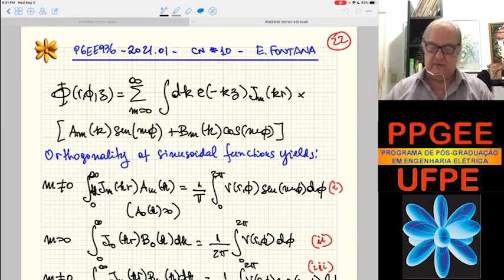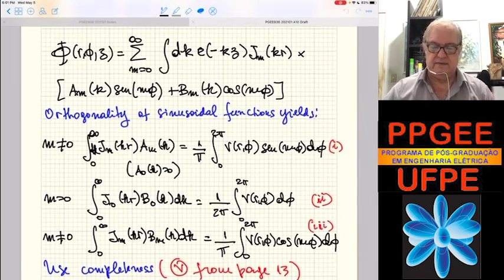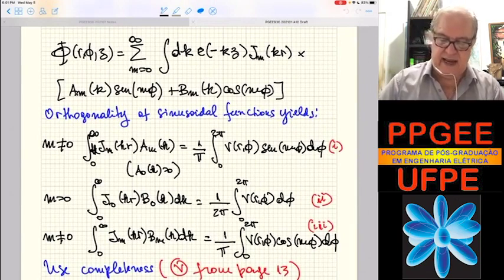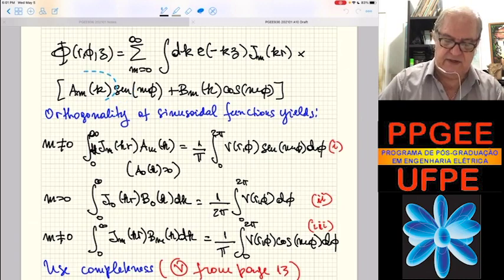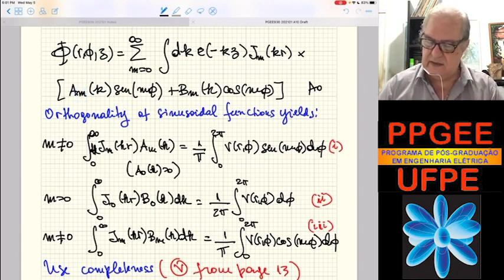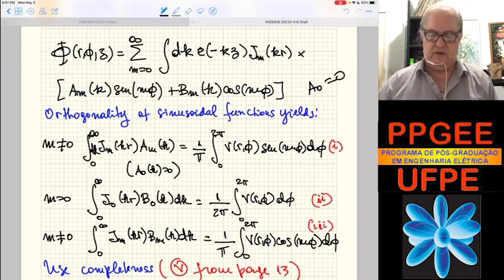Well, how do we determine those coefficients, A and B? Well, orthogonality. For instance, for the sine, we can determine the coefficients for m different than 0, because the coefficient is 0 for m equals 0. So recall that A0 equals 0.